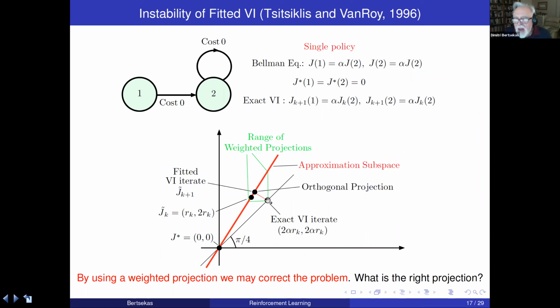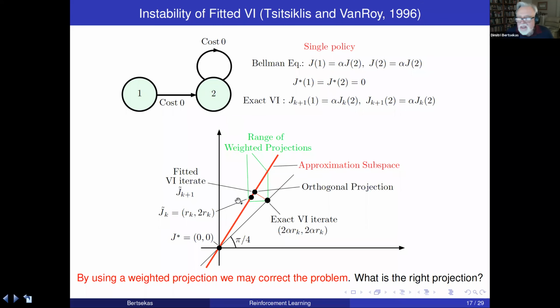And if you do the sampling in the right way, then you get convergence of fitted value iteration. If you do it in a different way, you may not get convergence. And people have figured out that these optimal sampling frequencies are related to the long-term occurrences of the different states, the significance of the different states under an optimal policy.